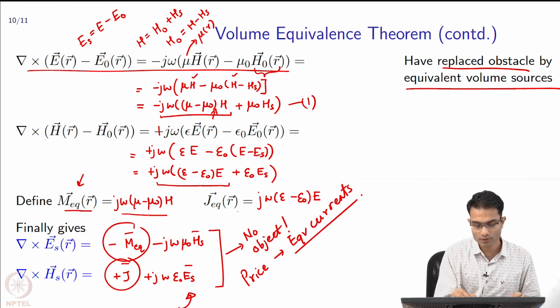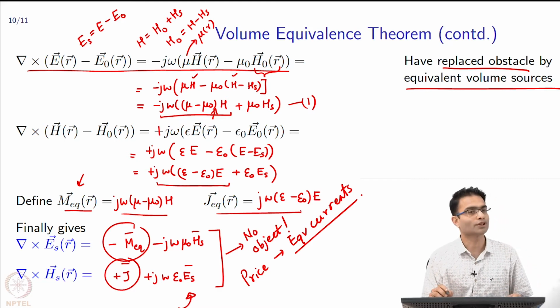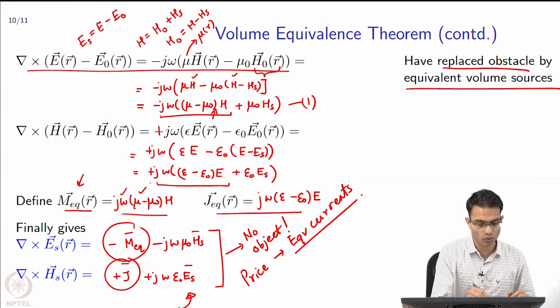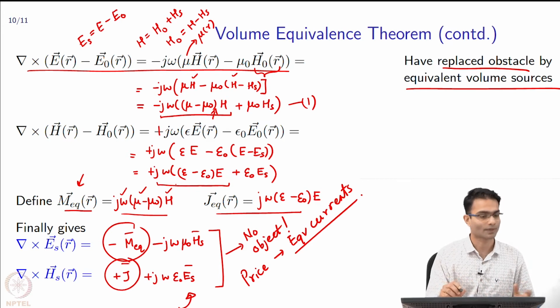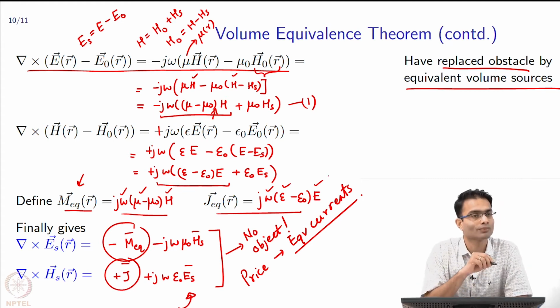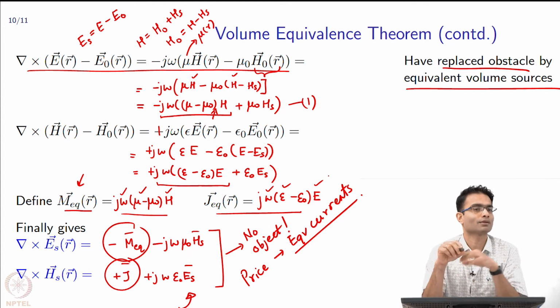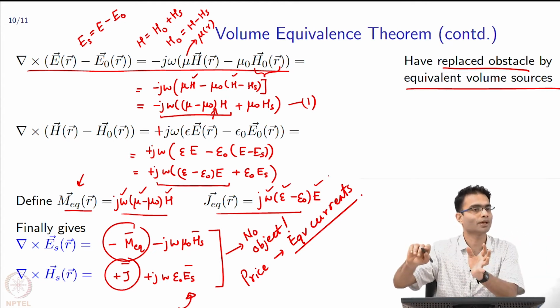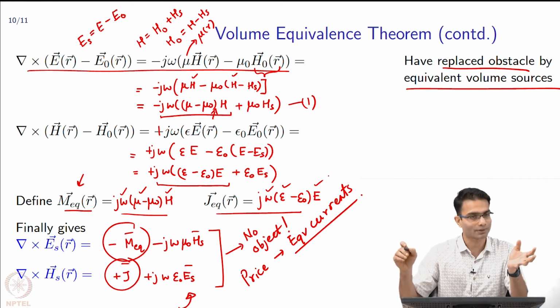It contains something which I do not know. I know omega mu minus mu naught, but I do not know H, the total field. Similarly, for J equivalent I know omega epsilon, but the electric field I do not know. So I have just transferred the problem into M equivalent and J equivalent.